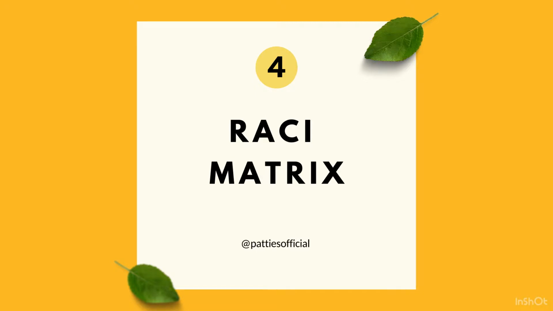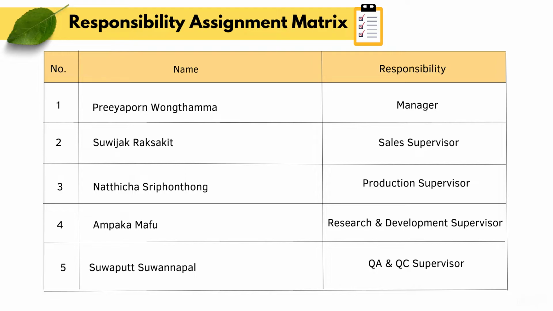Next is the RACI matrix. First, we need to know the responsibility assignment matrix, which is the duty table of each member. It will consist of manager, sales supervisor, production supervisor, research and development supervisor, and QA/QC supervisor.